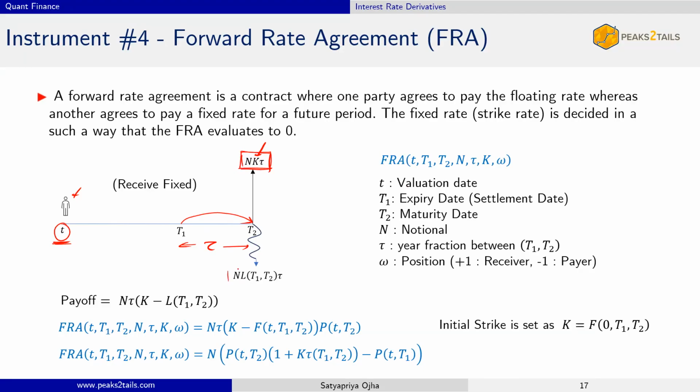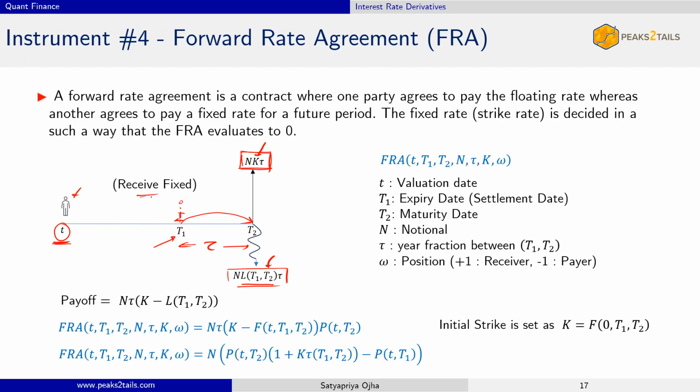You give me a floating rate, which we will know when we arrive here. When you get to T1, you will see this rate L(T1, T2), and the floating coupon will become N times L times tau. L is not known. Until you get to T1, you don't know L.